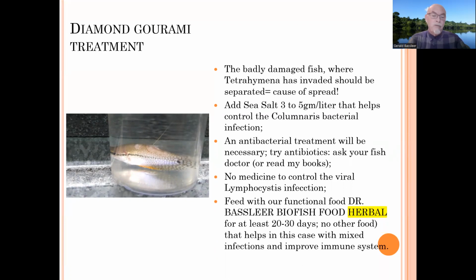And feed the fish with a functional food, Dr. Bassleer Biofish Food Herbal, which is commonly used in this kind of mixed infection to help the fish during 20 to 30 days of feeding. Also, our Biofish Food Professional Treat might be a good help. I didn't indicate it, but that's another good food that helps in a case with mixed infections and improves the immune system.